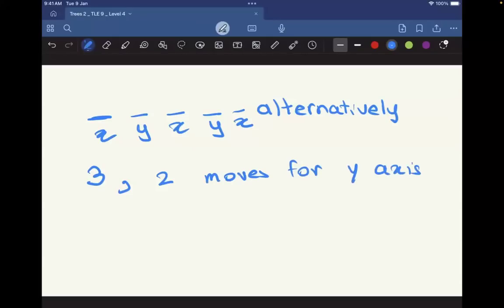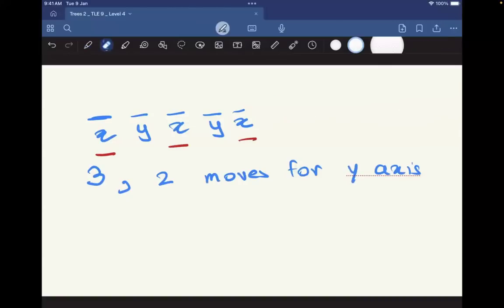Yes or no, guys? Tell me. If I am doing 3 moves for X axis, I will either do 3 minus 1 moves or I will do 3 plus 1 moves. Okay. So we just consider the case on which move we are ending.